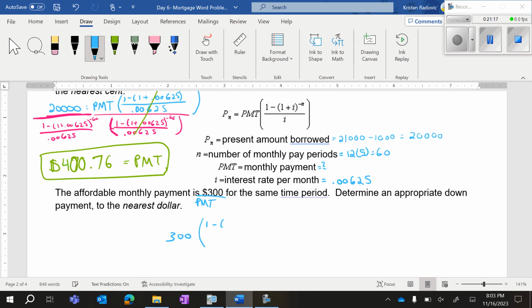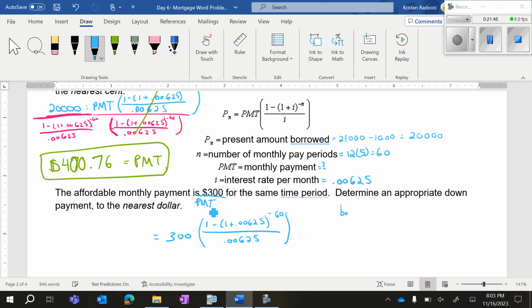Now, your amount borrowed is what we're trying to find, right? No. We want an appropriate down payment. Your amount borrowed is total cost minus down payment. I'm going to call the down payment X because I have no idea what it is.